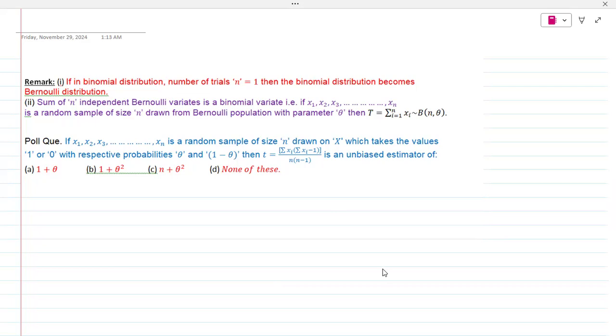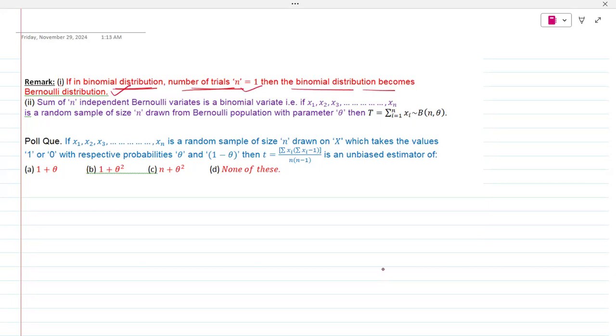Now, there is a remark. Actually, if in the binomial distribution the number of trials, the number of independent Bernoulli trials, is equal to 1, then the binomial distribution becomes the Bernoulli distribution.